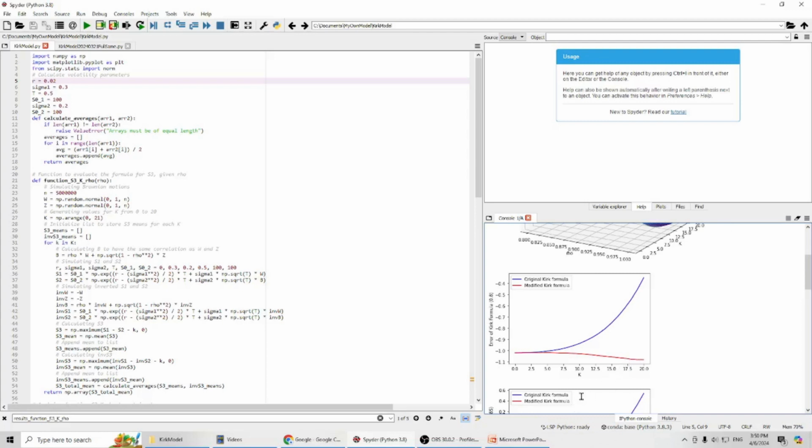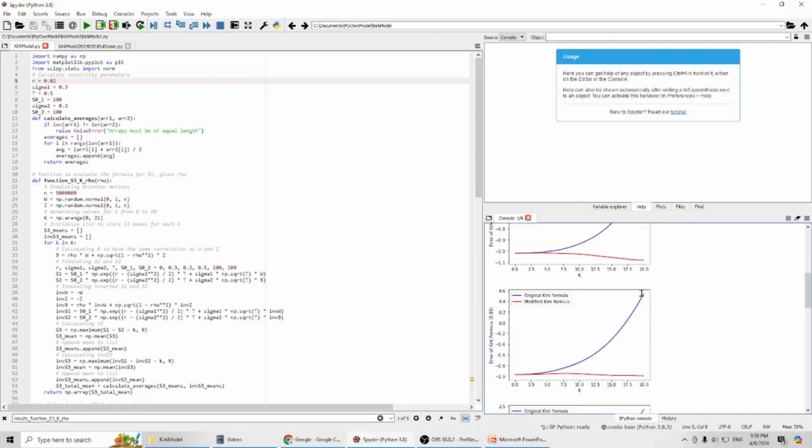And then you can see when the strike price keeps increasing, the error of the original Kirk formula decreases, because this is -1, this is minus 0.4.